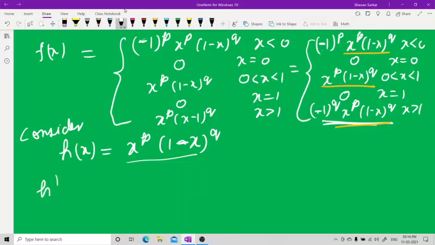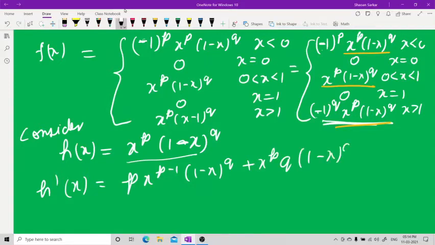Now you consider h'(x). This is p x^(p-1) (1 - x)^q plus x^p q (1 - x)^(q-1) into minus 1.